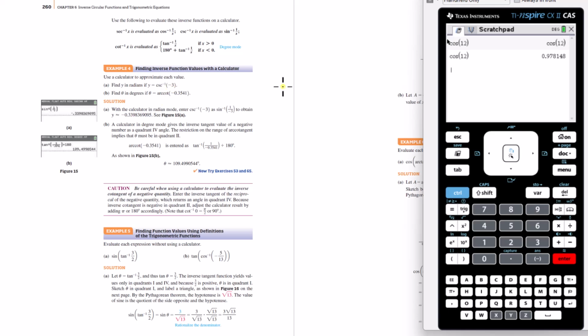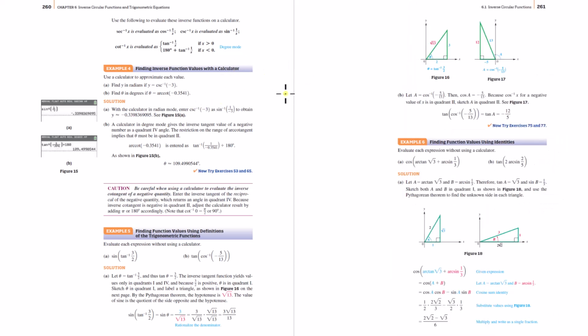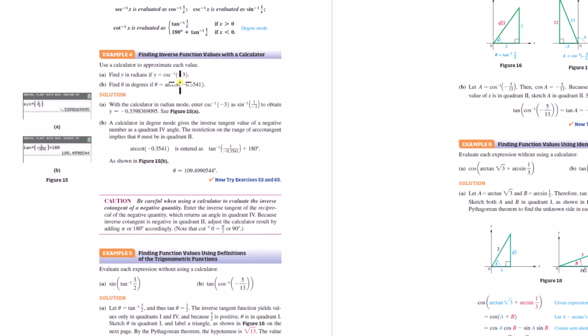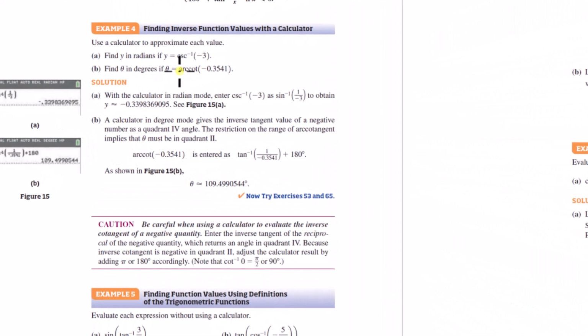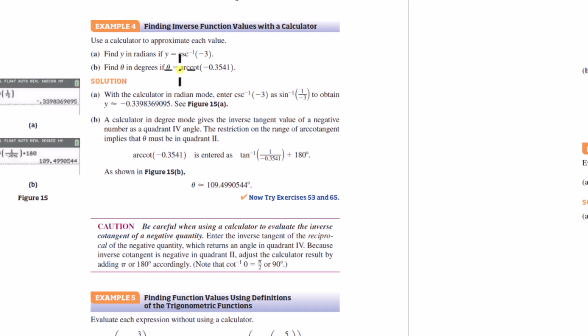So let's look at this cosecant. What angle, if you took the cosecant of that angle, would give you minus 3? That's what this is going to give us.